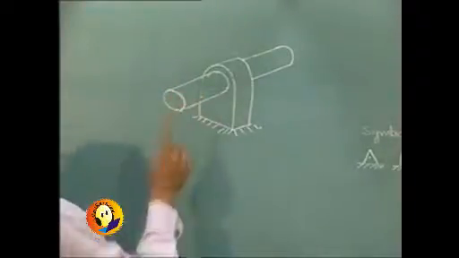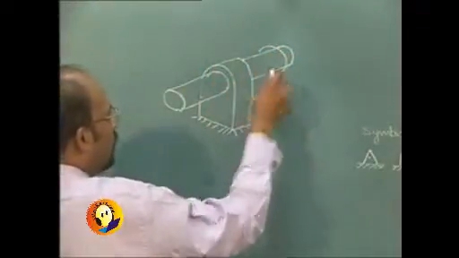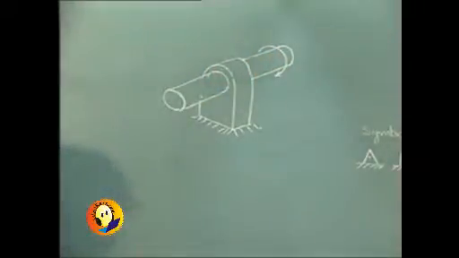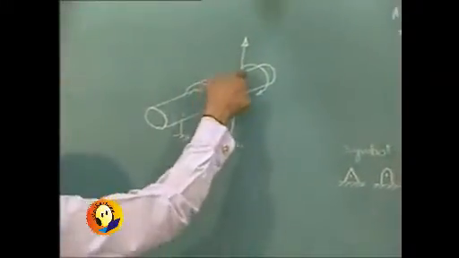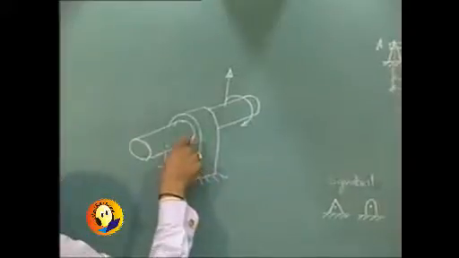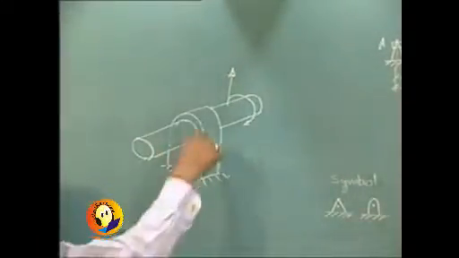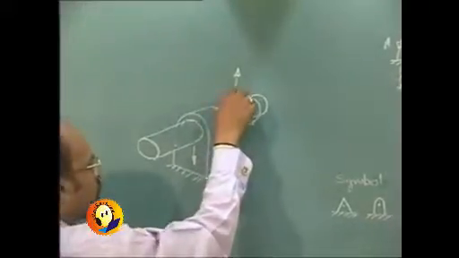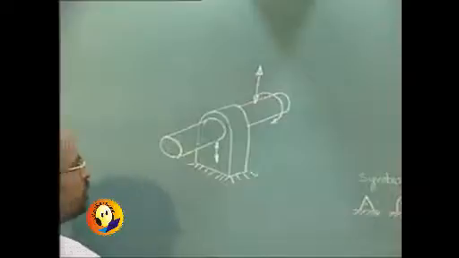Now we also know that this particular shaft or the beam can be rotated. But if we try to lift it up, it is not possible. If you try to lift it up, obviously the hinge will produce the downward reaction. Or if you try to push it down, then also the upward reaction will be produced.